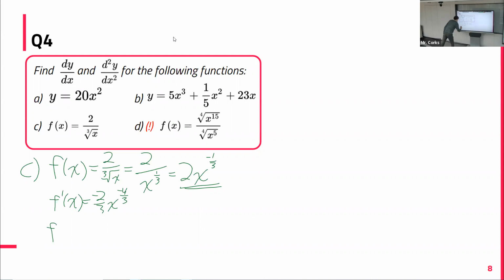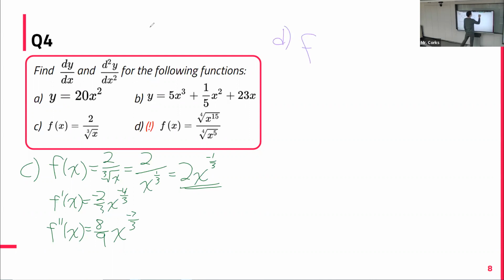And second derivative, 8 over 9, x to the exponent negative 7 over 3. All right. So at this point, we just use our power rule very directly there. Nothing special happening. We just have to remember the exponent rules to rearrange a bit before we can do that easily.